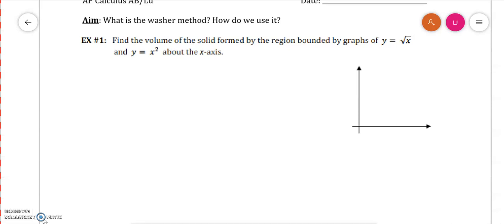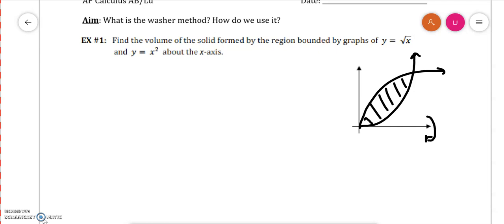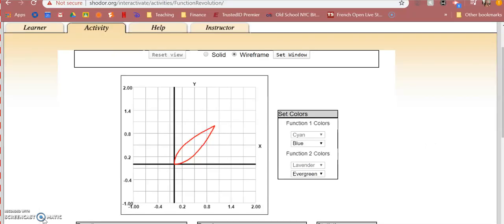We have the two functions that I just used for area. We have y equals square root of x and y equals x squared. But now instead of finding area, we're going to take this area bounded and revolve it around the x-axis. So what's going to happen is we have this area between these two curves, and we're going to revolve around the x-axis.